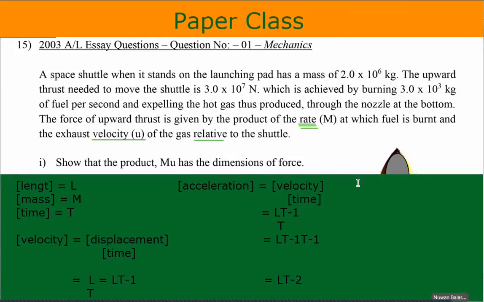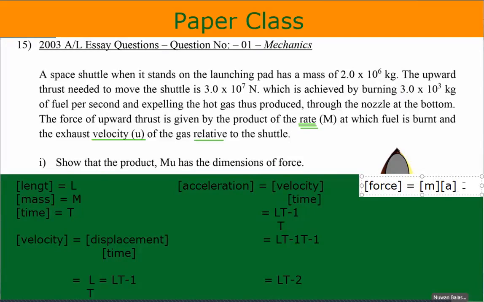Dimensions of force. We know that force F equals ma. So the dimensions of force should be equal to the dimension of m, mass, into the dimensions of acceleration. F equals ma. This is the thing that we want in the examination.